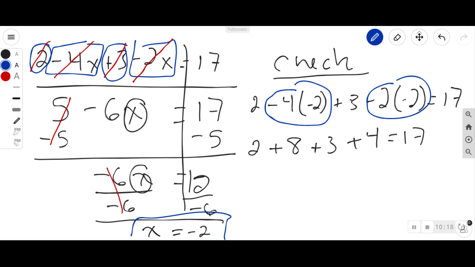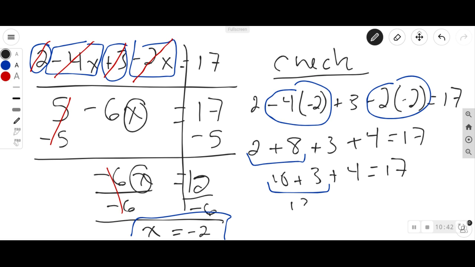Now again, I'm just going to work left to right. Again, you could add these up faster. Remember, it's addition, so you can flip the order around. That's okay. But I'm just going to go in the order listed. So 2 plus 8 is going to give us 10. Then I'll bring everything else down. Then we've got 10 plus 3.